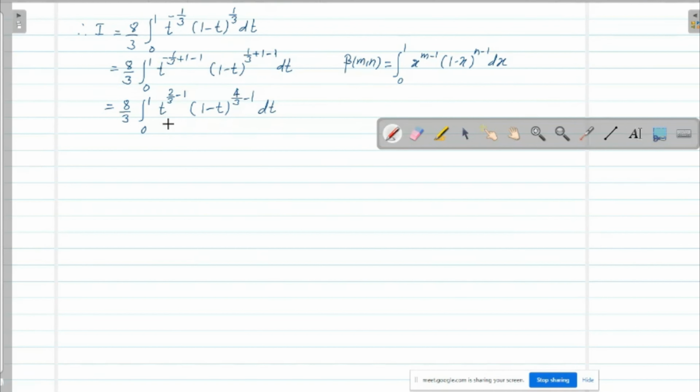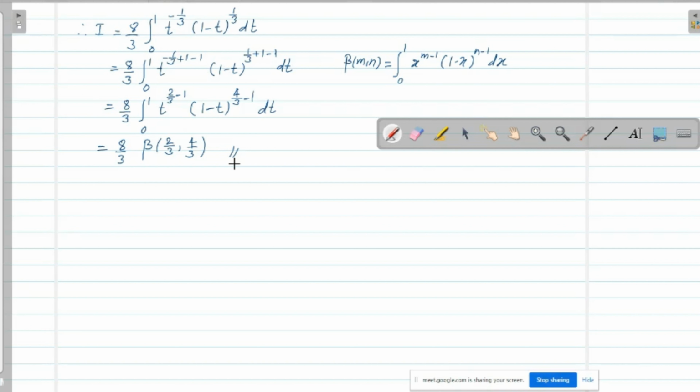From this we will get here m equal to 2/3 and n equal to 4/3. So this equals 8/3, and this is simply beta of m, n. M is 2/3 and n is 4/3.